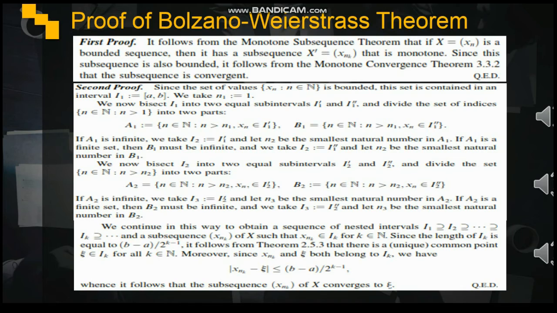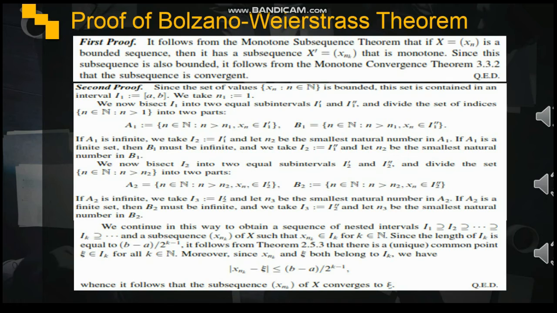If A1 is infinite, we take I2 defined as I1' and let n2 be the smallest natural number in A1. If A1 is a finite set, then B1 must be infinite, and we take I2 defined as I1'' and let n2 be the smallest natural number in B1.